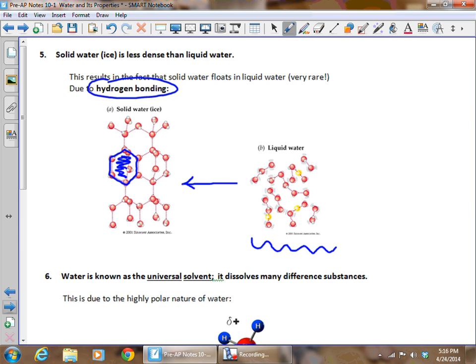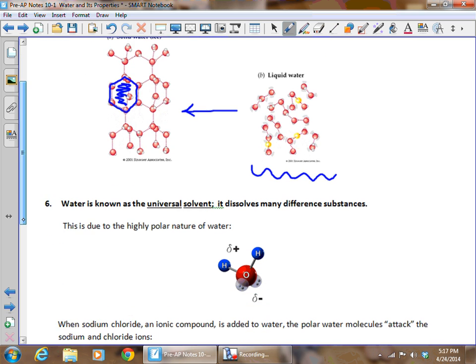That empty space causes the density of the solid water, the ice, to be less than when it's a liquid. So that's why we have lakes freeze on top instead of from the bottom up, and our ice cubes float. Again, a very strange property of water.